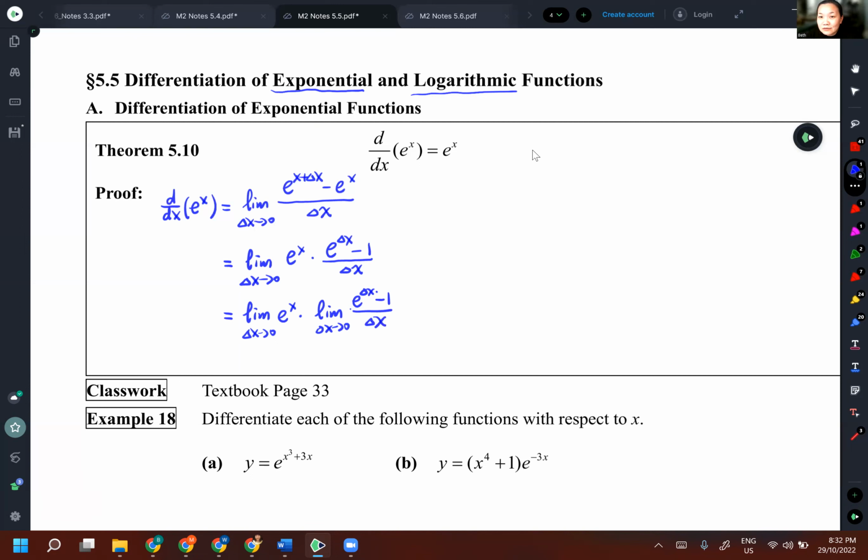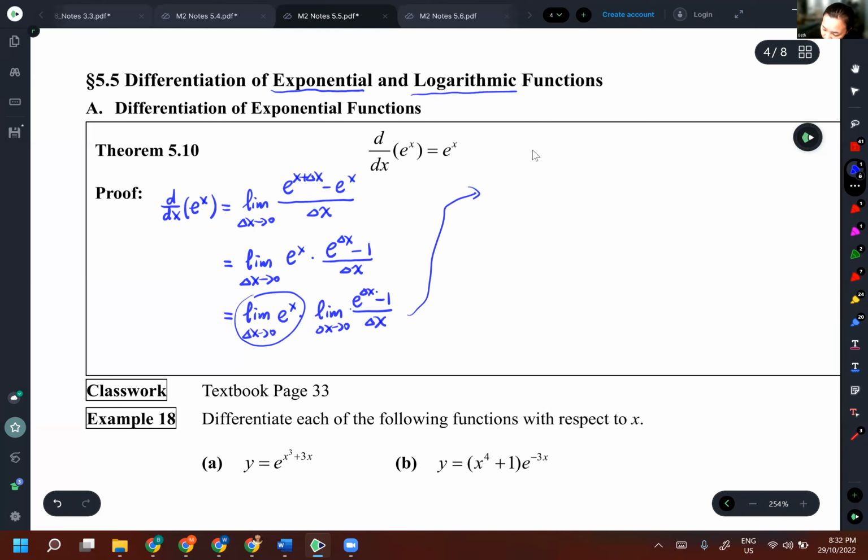One of them is safe. Now here you don't have to do any substitution because there is no delta x left. So it's just e to the power x. The other one is a special limit. And then you're done.